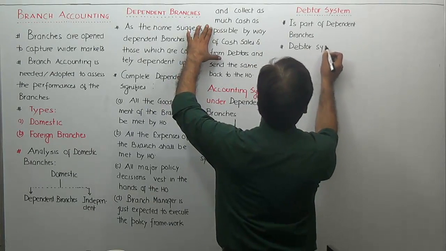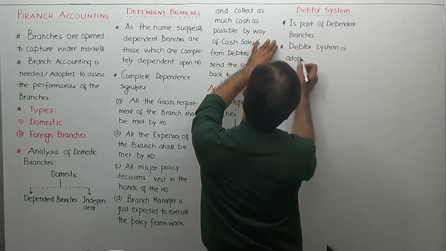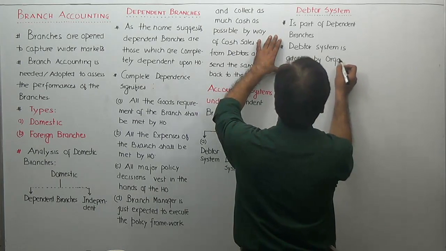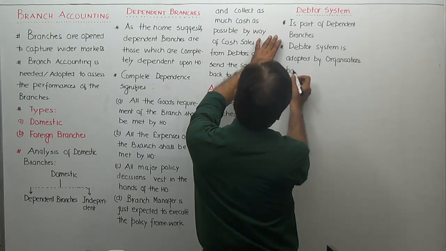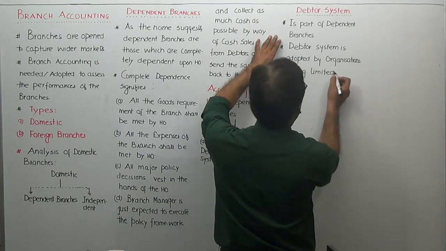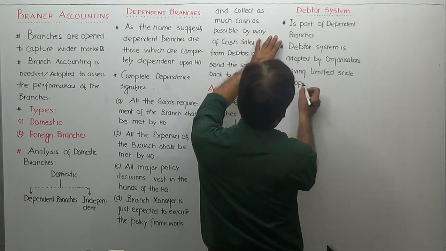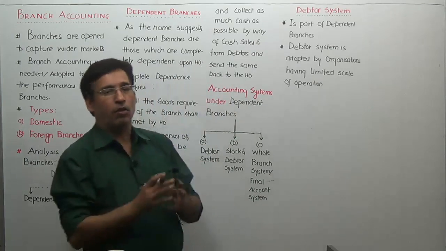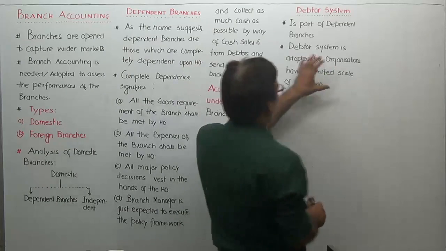So the first thing you should be aware of regarding this system is that it is generally adopted by organizations which have a very confined scale of operation. They do not feel the need to have a large system, correct? That is the reason this system is generally adopted by such organizations.